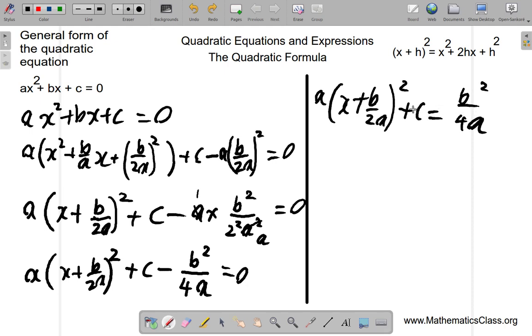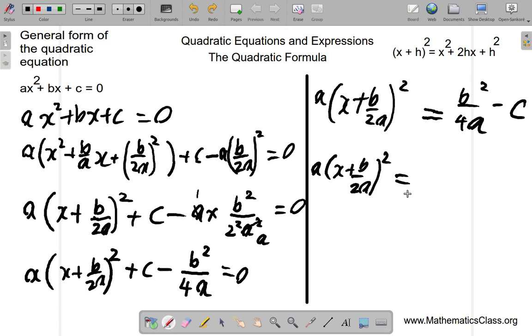And if we subtract c from both sides, this would happen. Minus c. We're just condensing things because we don't have a lot of space to work with. Now, we have a times x plus b over 2a squared equal.